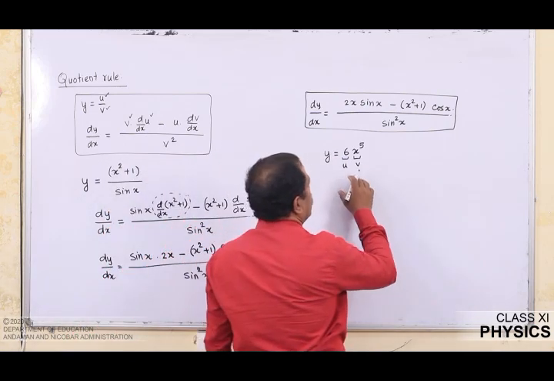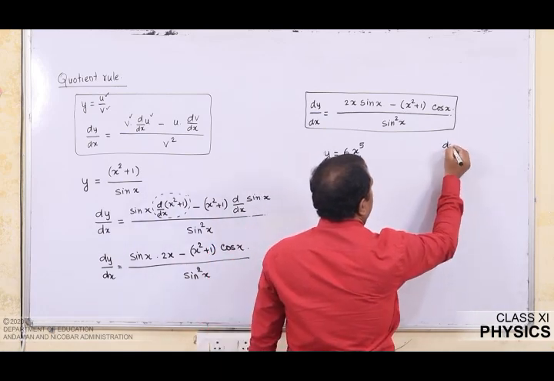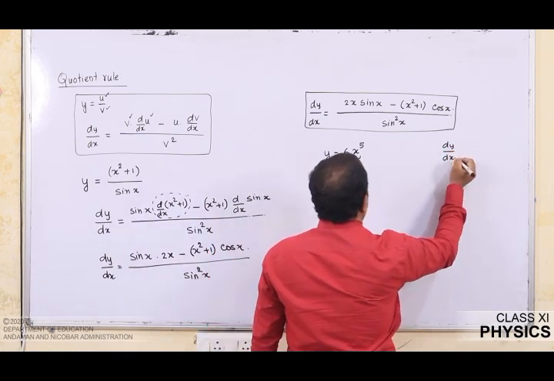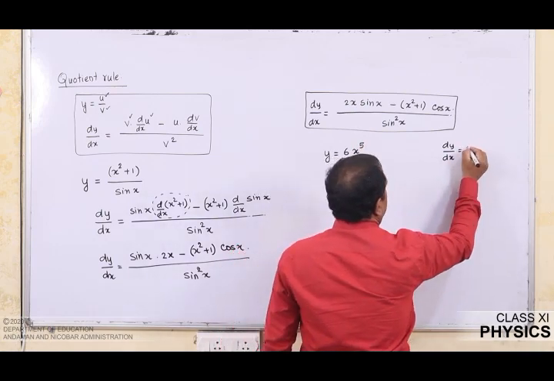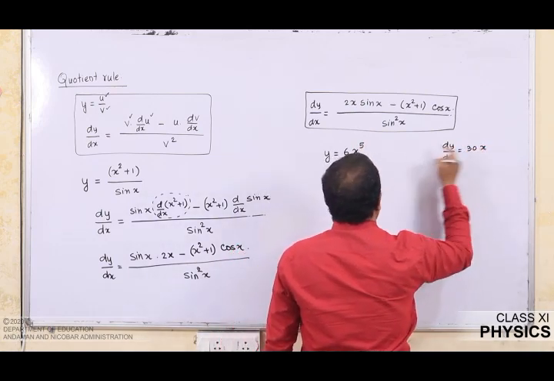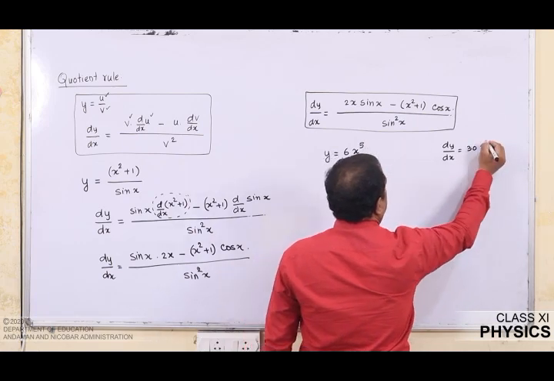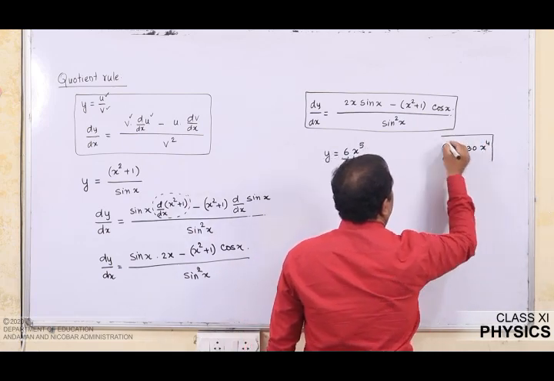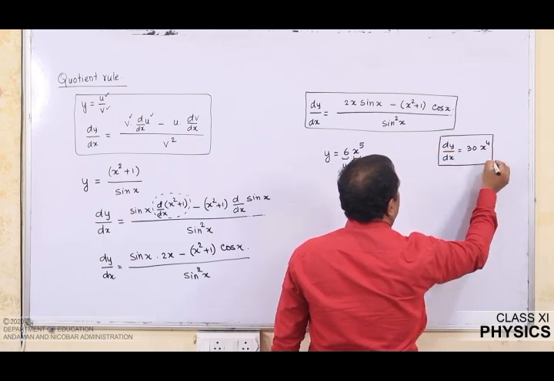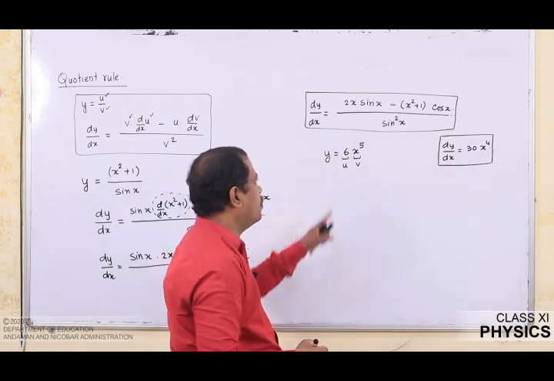If you remember, we got dy over dx is equal to power times, 6 times power 5, which was 30 x power minus 1, so 5 minus 1 is 4. This is the answer we got earlier. Now, we are going to use the product rule.